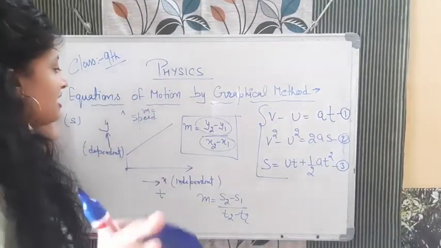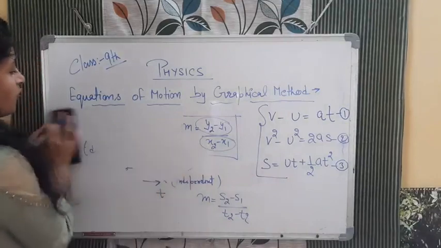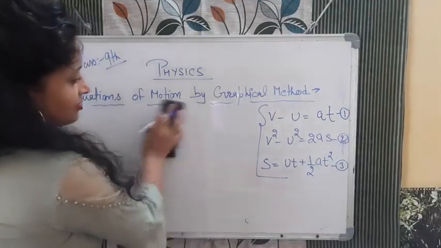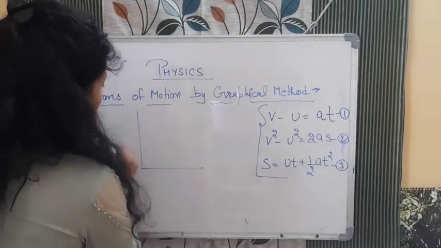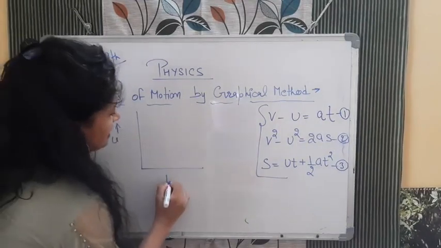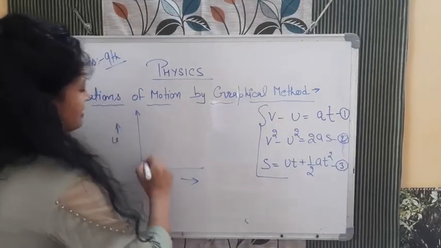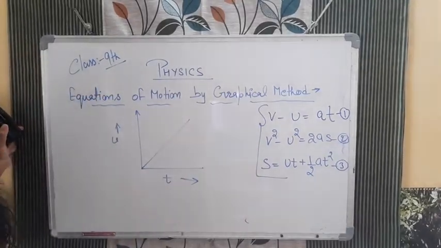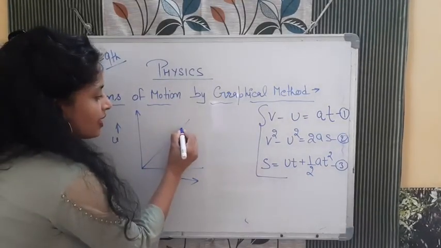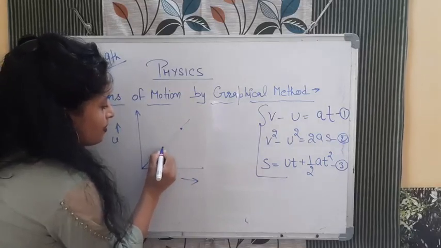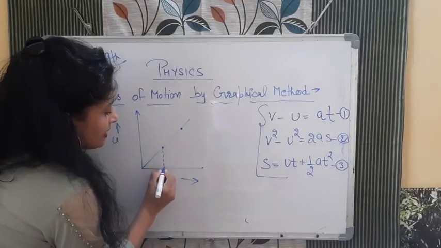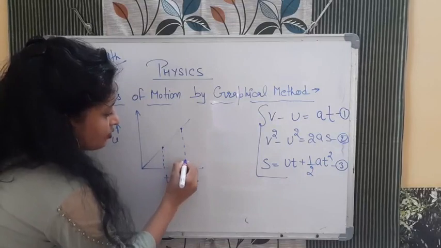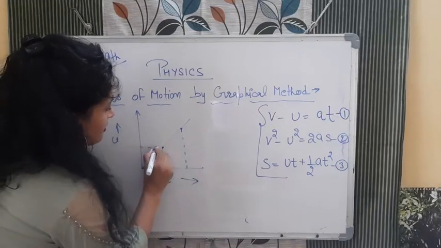In the same way, what will be the slope of a velocity-time graph? Velocity is on the y-axis and time is on the x-axis. How will you calculate the slope? Take any two points on the straight line and draw perpendiculars from these points on the x-axis as well as on the y-axis.